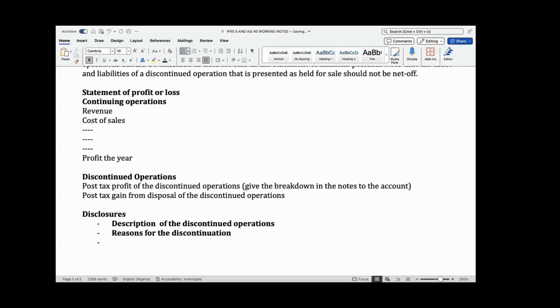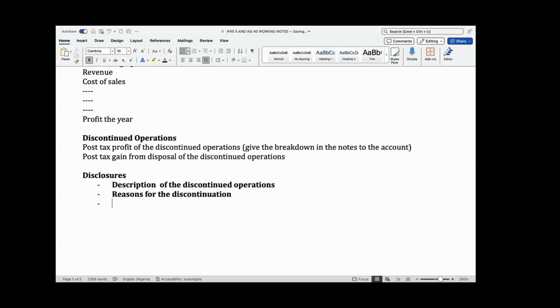And if there are any additional costs incurred as a result of the discontinuation, you need to present that separately.